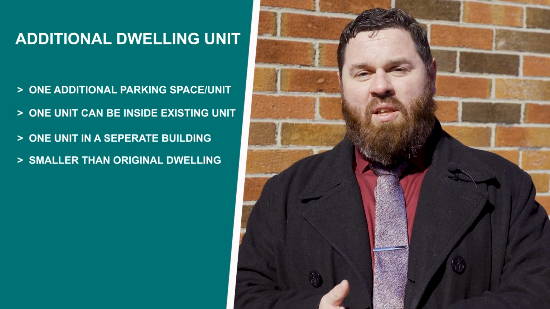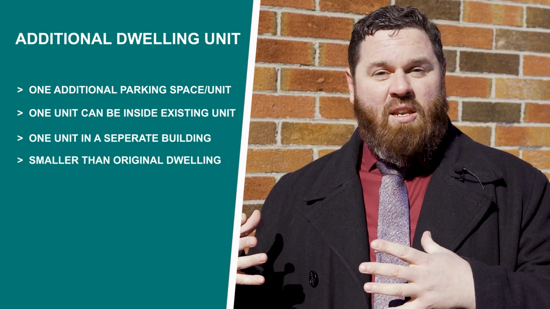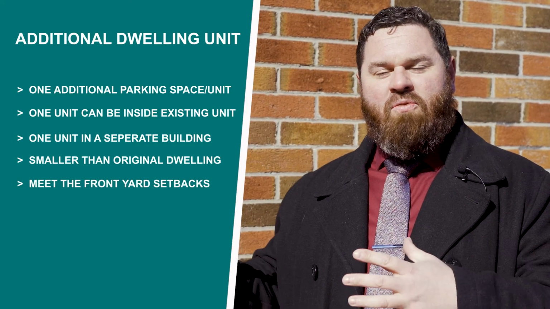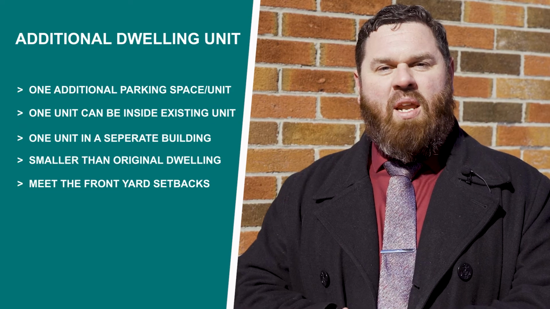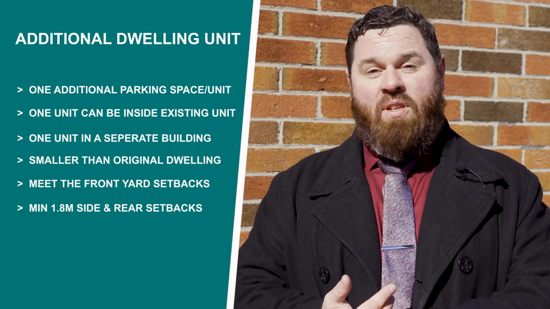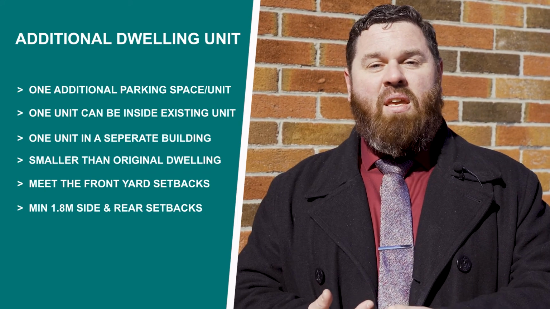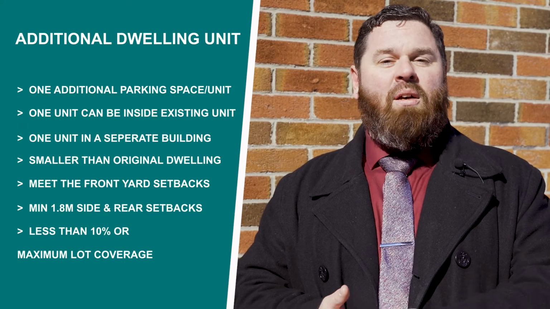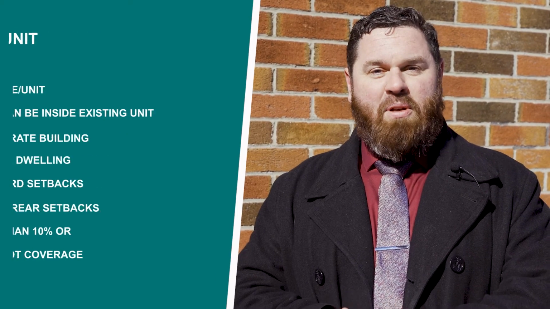All accessory dwelling units have to be smaller than the initial dwelling unit on the property. And as far as criteria for where a new building can be situated, it needs to meet at least the front yard setbacks, 1.8 meters off the side and off the rear, and be the lesser of either 10% of the entire lot or the maximum lot coverage for an accessory building.